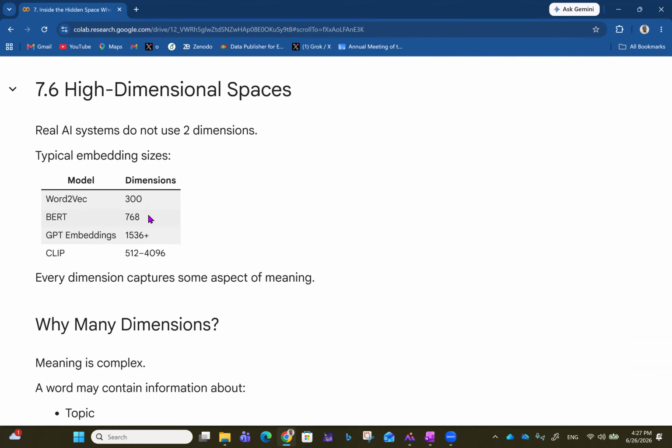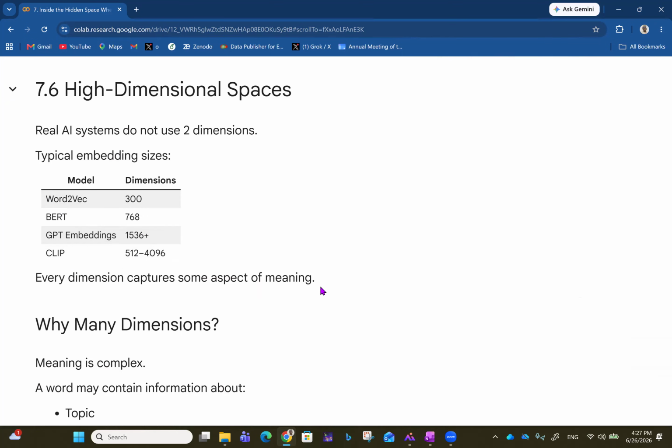For BERT, it's 768. For GPT embeddings, you have 1,536 plus dimensions. That's a lot. So the more dimensions, it seems, the better the result. For CLIP, it can range anywhere from 512 to 4096. So every dimension captures some aspect of meaning.